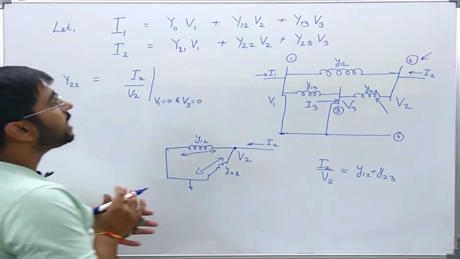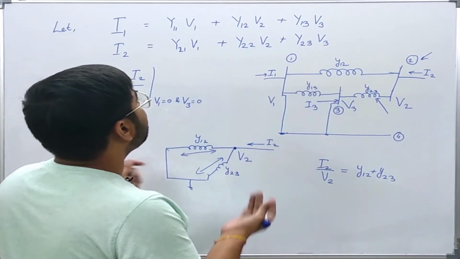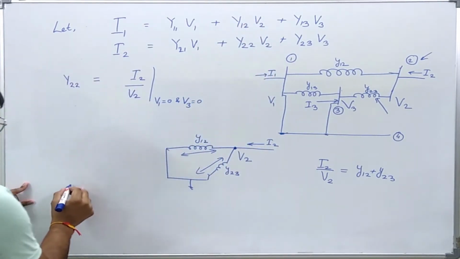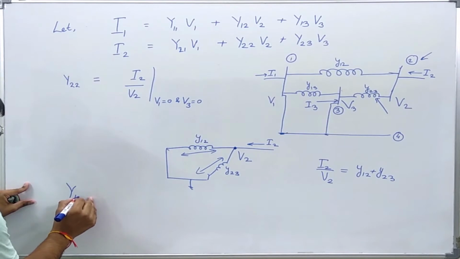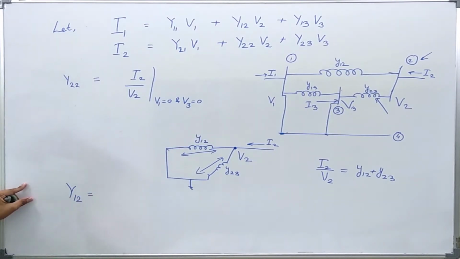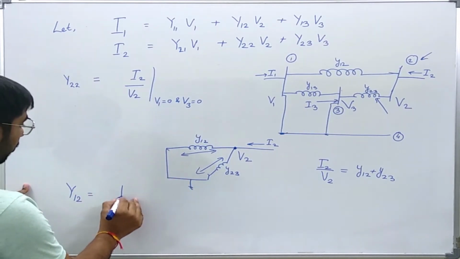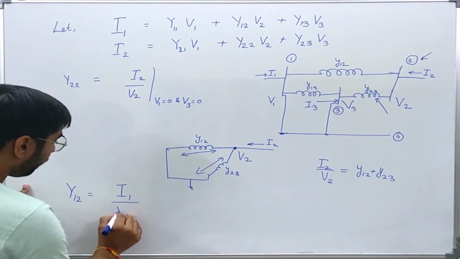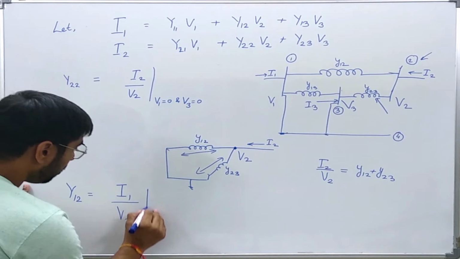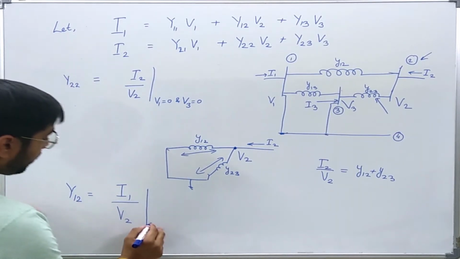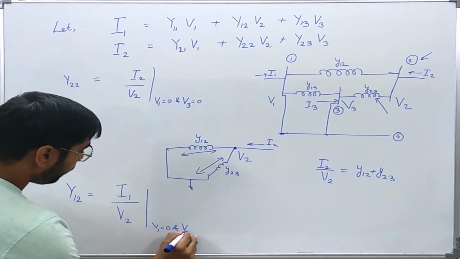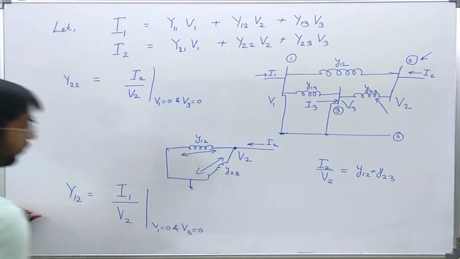Similarly, let us say I want to find another element Y12. Y12 is nothing but the ratio of I1 over V2 when V1 is equal to 0 and V3 is equal to 0.